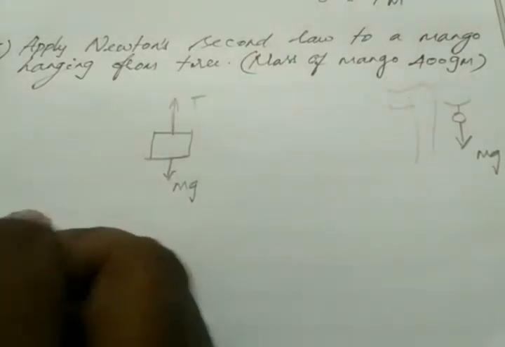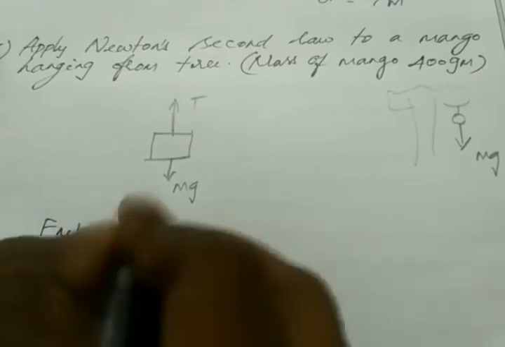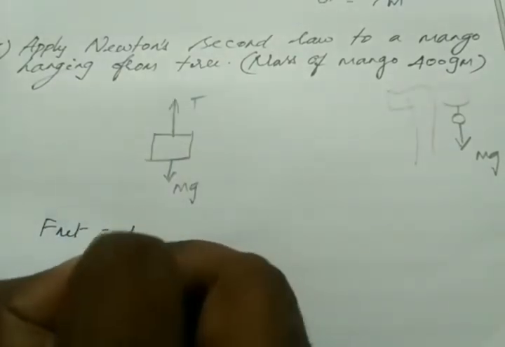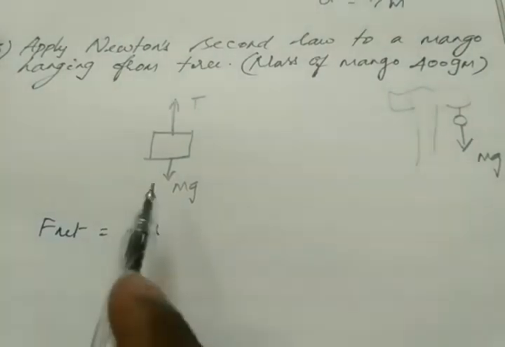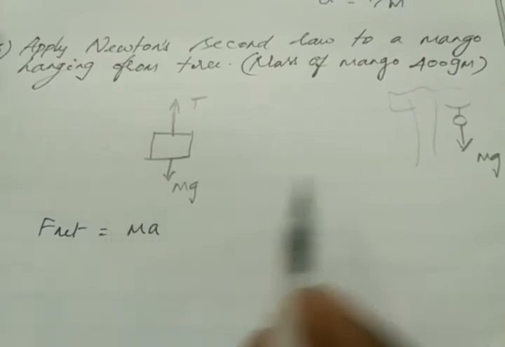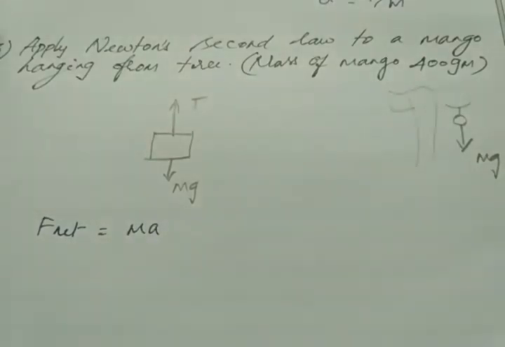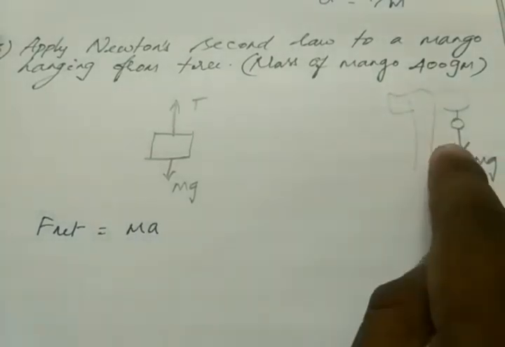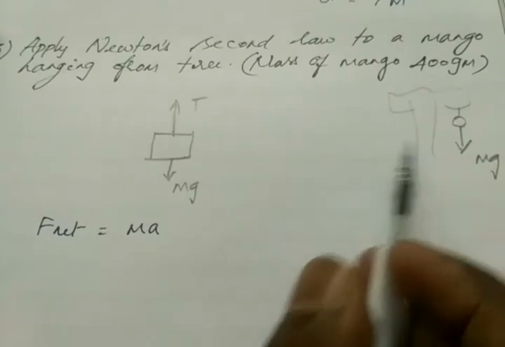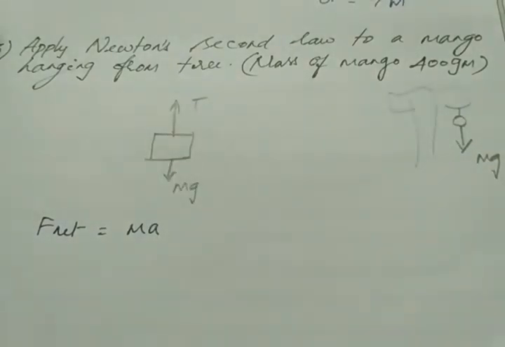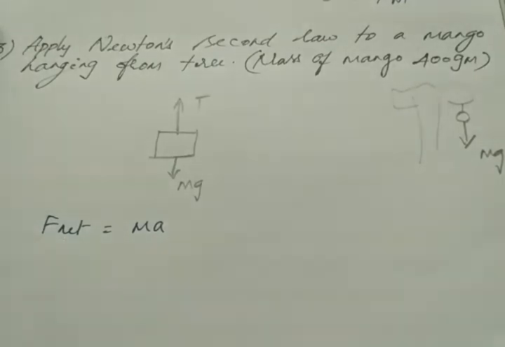So now apply Newton's second law. As we know, F net equals ma. If you see this diagram, is the mango at rest or moving? Absolutely it is at rest, right? We did not apply any external force, so the mango is at rest. Whenever an object is at rest, what will be the F net value?